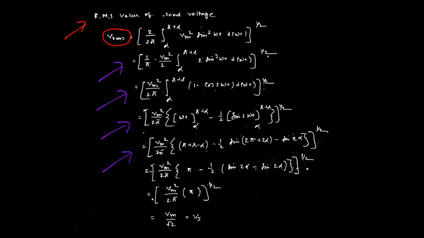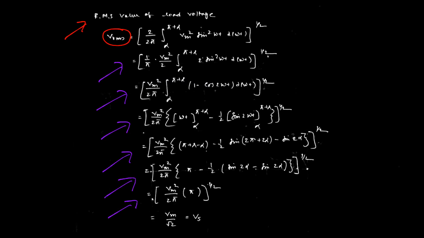Okay, so after simplification we have Vm square by 2 pi, pi minus 1 by 2 sine 2 alpha minus sine 2 alpha, under root. So after calculating, we can rewrite the expression as Vm square by 2 pi into pi under root. That means pi and pi can be cancelled by each other.